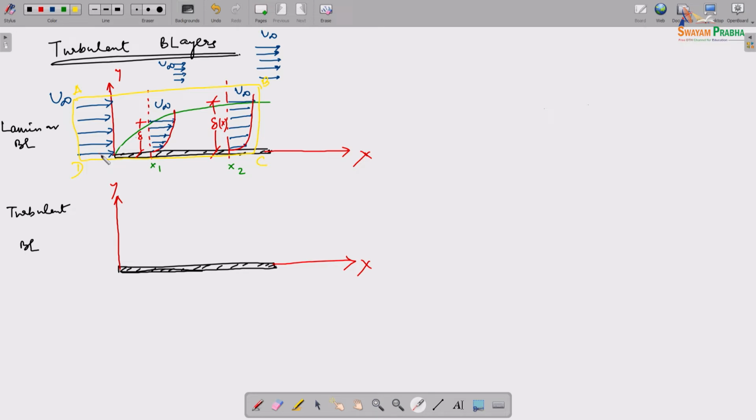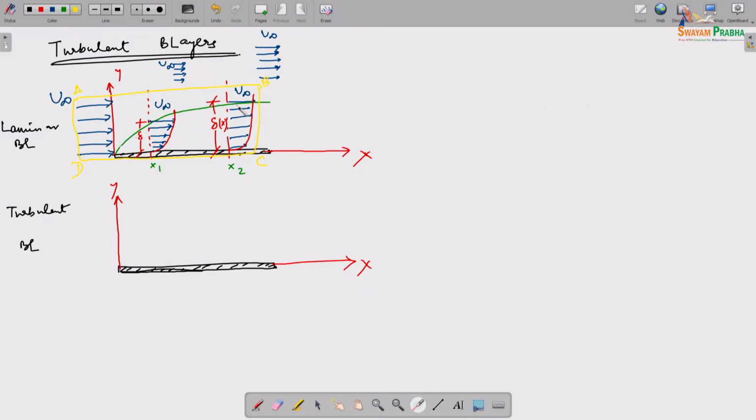But clearly at BC that is not the same. So what is the momentum that came in? That would be mass into velocity. There is a certain difference in momentum at AD and BC.